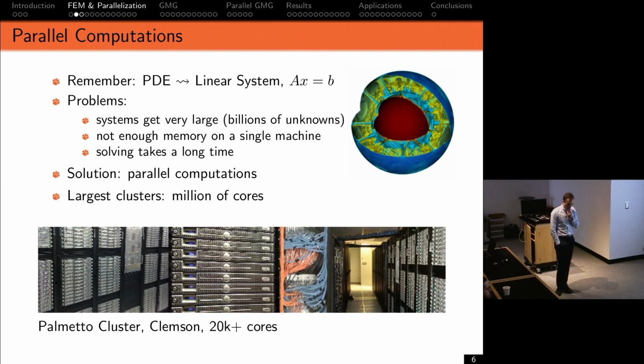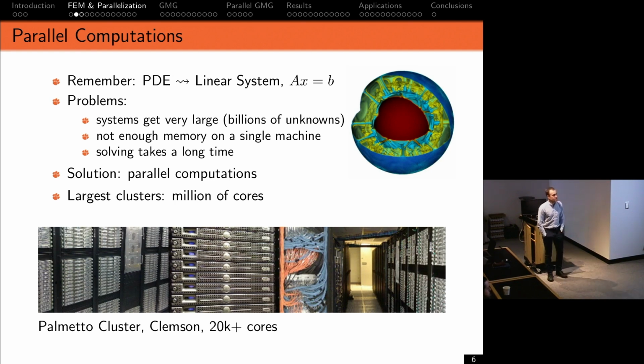And what you kind of want is, if this is the Earth, the mantle is the region between the core and the crust that we simulate. You want something like a 1 kilometer resolution, which would be hundreds of billions of elements if you actually want to resolve that everywhere. So that would mean in every time step I would need to solve a linear system of that size. So it gets kind of expensive.